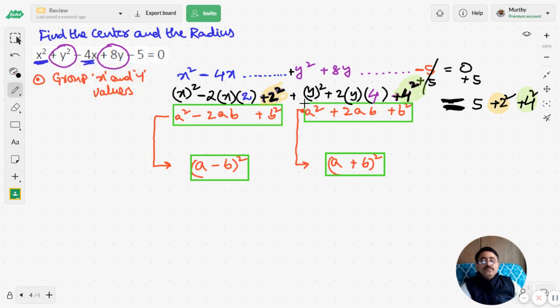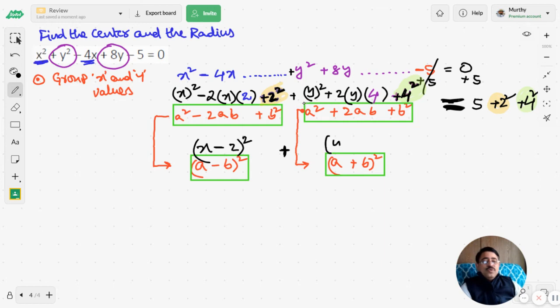Now, a square is x square. So what is a? Simple, x minus. b square is 2 square. What is b? It is 2 square. Then, you know, a square is y square.